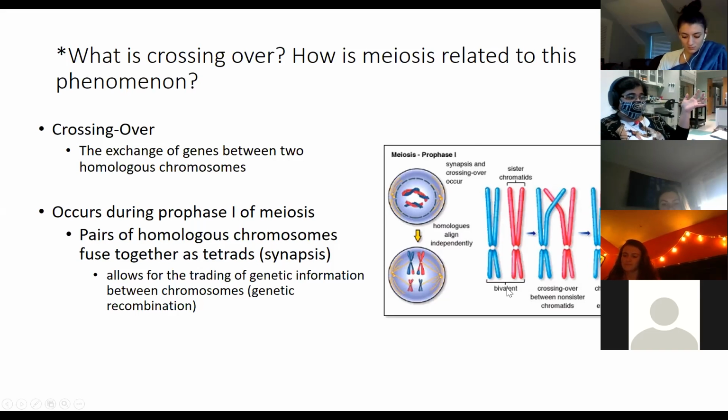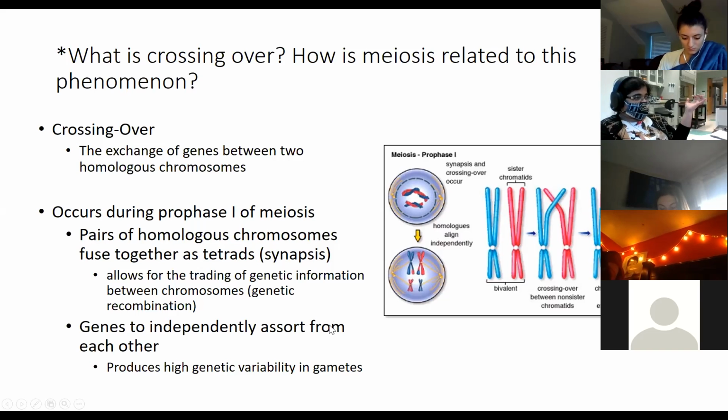Essentially, they synapse and then they cross over during prophase I. Again, this allows variability to occur, so another term for this is genetic recombination, or recombination. And then genes that independently assort from each other end up with high variability as well, okay?